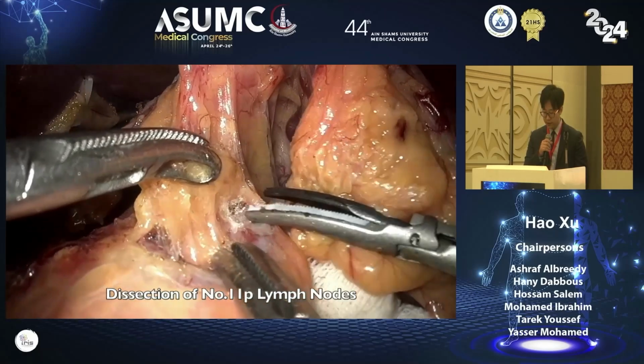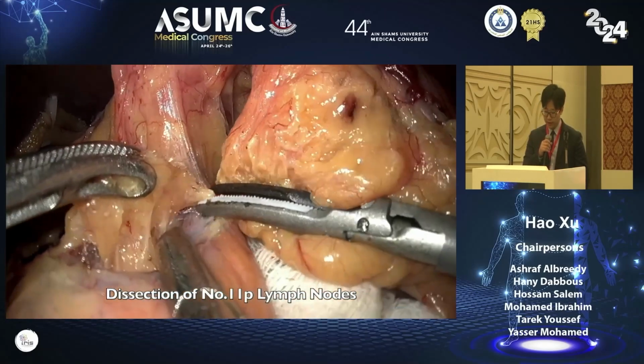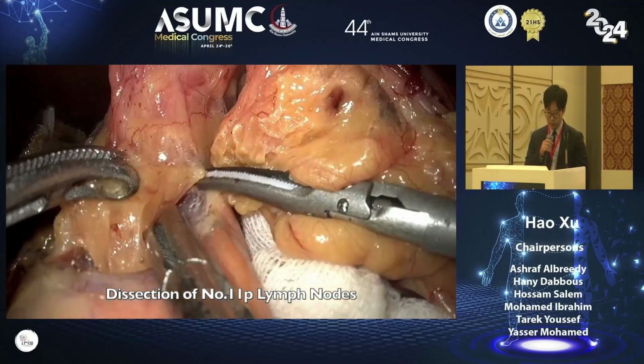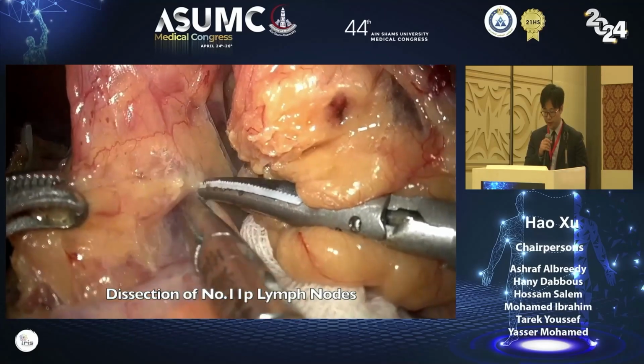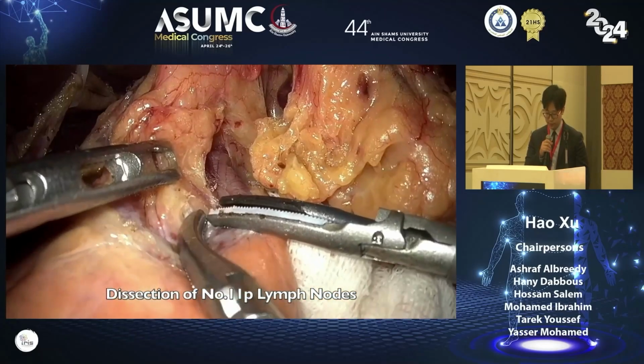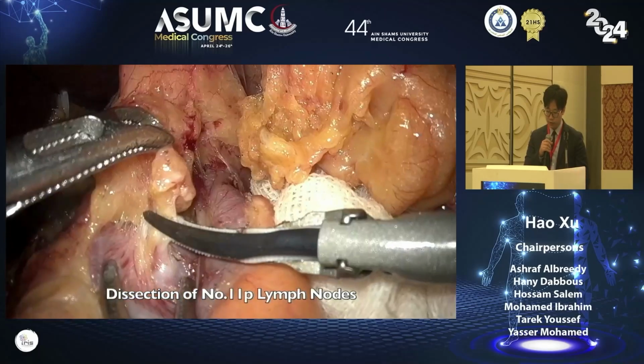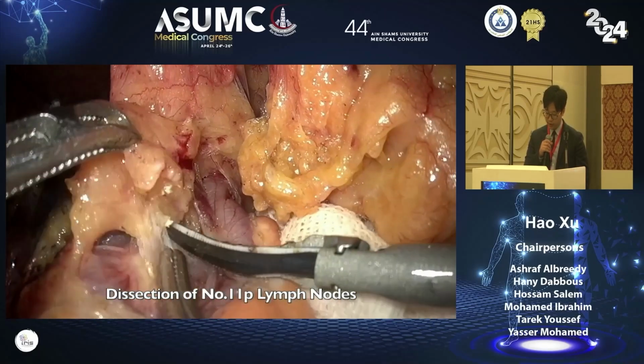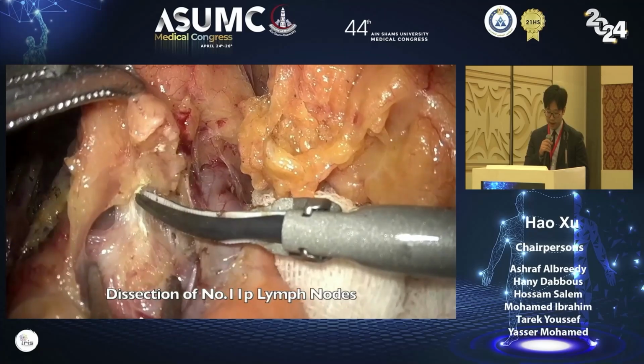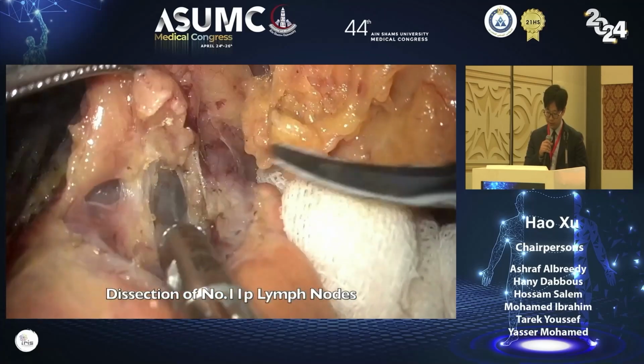Then the assistant lifts up the right gastric vessels, and the operator tries to dissect the number 11P lymph nodes. During the dissection, we should be careful not to damage the splenic artery and the vein.